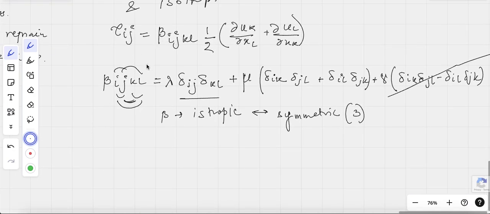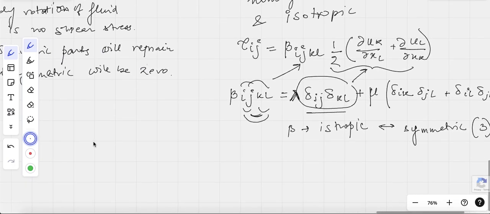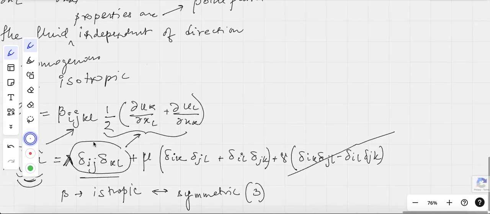So we will replace beta over here, and we will see what happens when we multiply this with this. The first term, here we have a lambda. Before we do this, let me tell you why we have made these four assumptions.